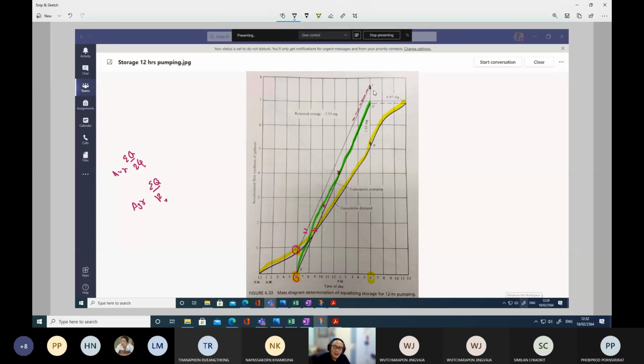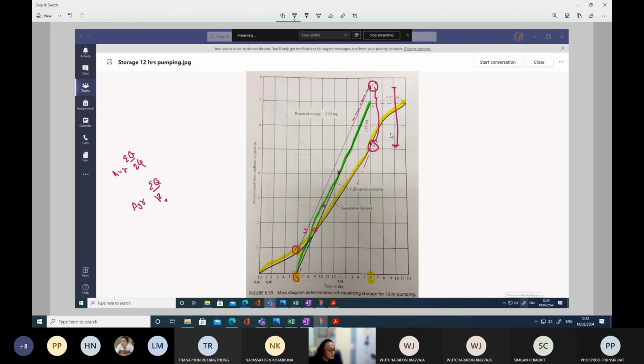If you compare this line with this line, you will definitely get here the maximum vertical distance from point C to point B. Okay, so this is the maximum vertical distance.